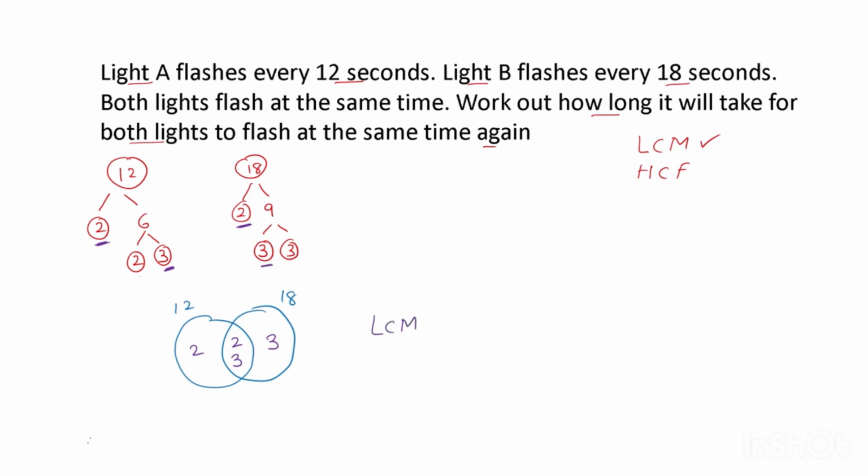So you will say 2, how many 2 you have? 2 square. And how many 3 you have? 3 square. Then you're going to multiply. So 3 times 3 is 9 and 9 times 4 is 36. So 36 is your answer. So they are going to flash after every 36 seconds.